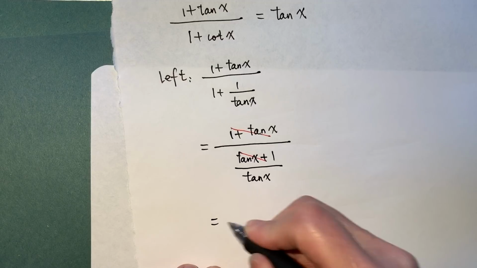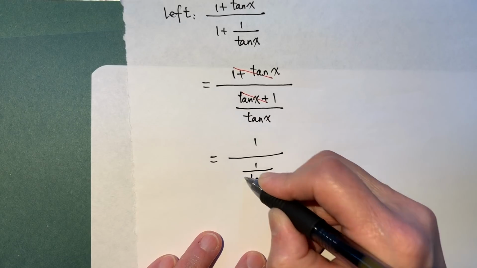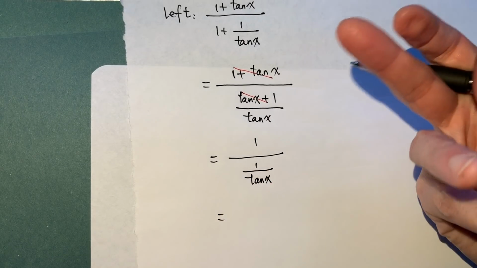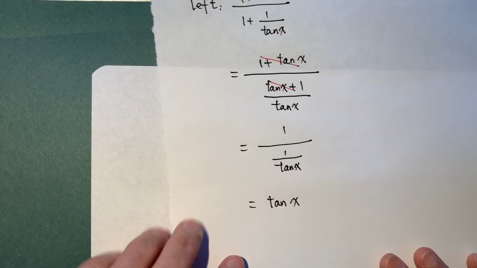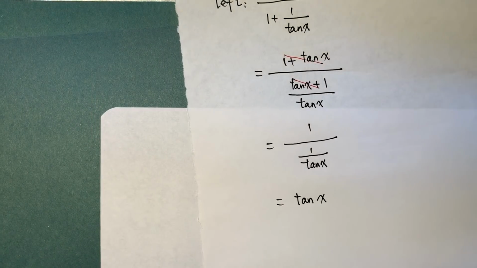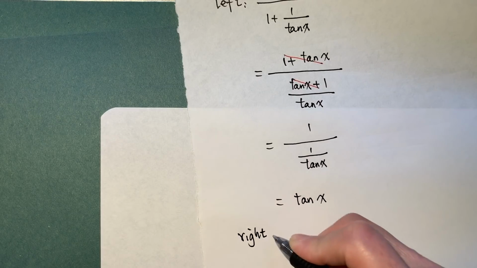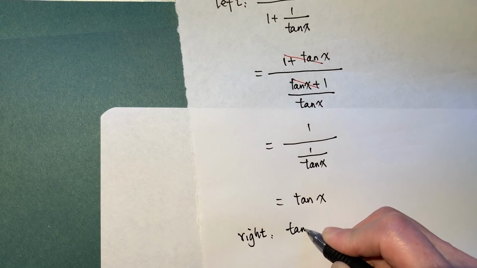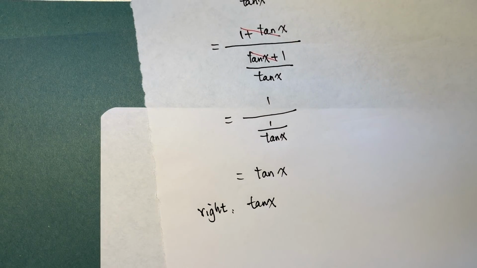So it becomes 1 over 1 over tangent x, which flip it up becomes tangent x. So on the left side is tangent x, on the right side is tangent x. So this identity is established.